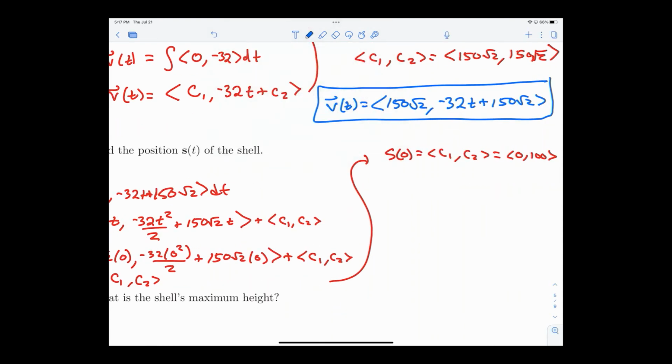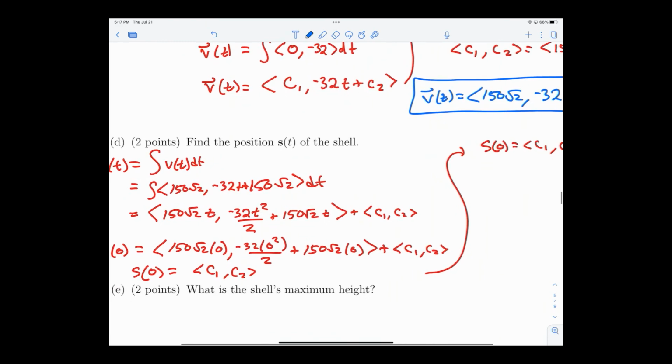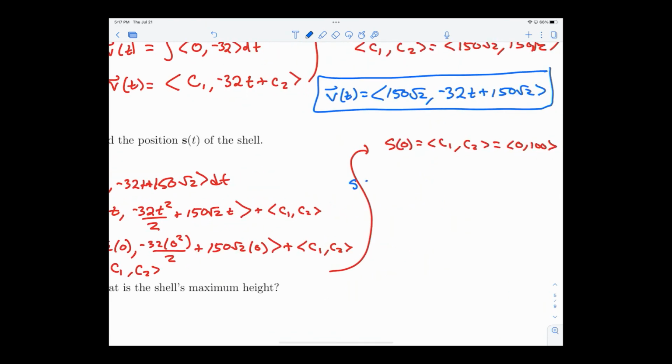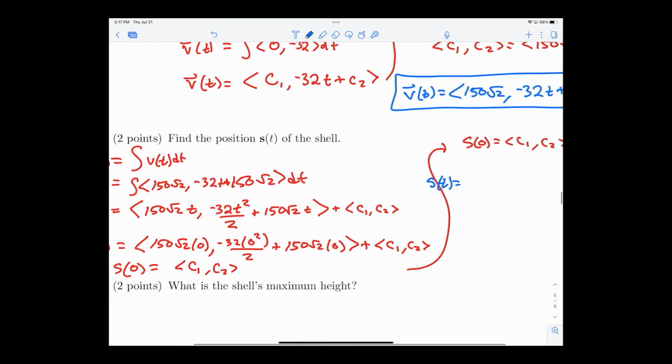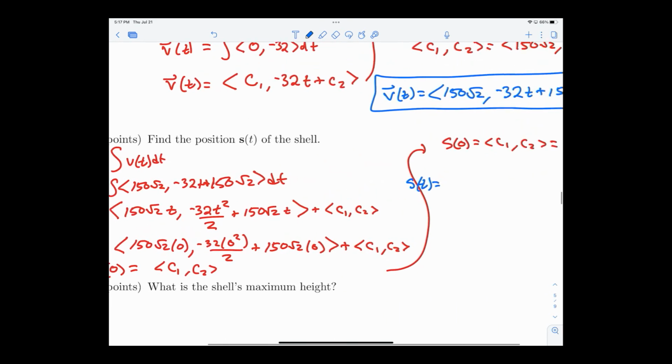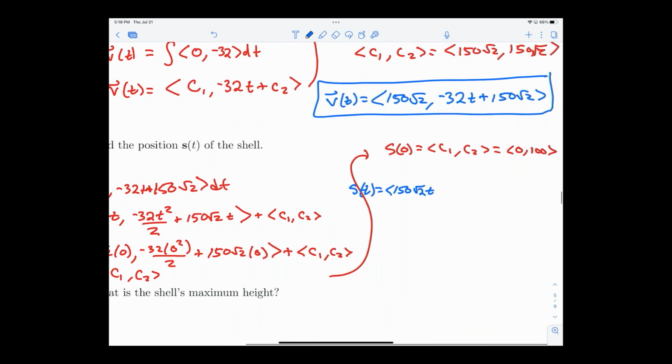So finally, I can write that my s of t is 150 square root 2 t, plus C1, which is 0 so I don't have to write it.